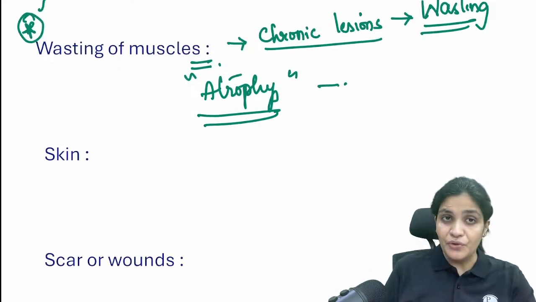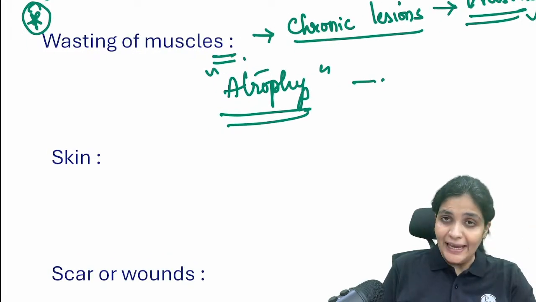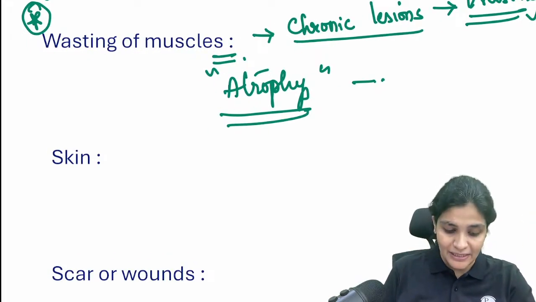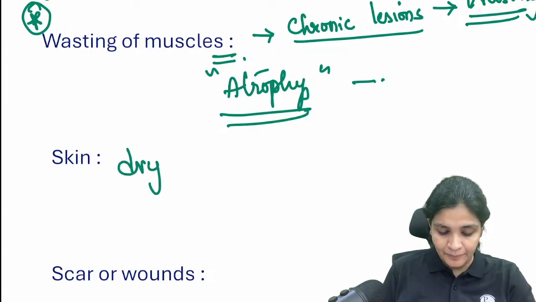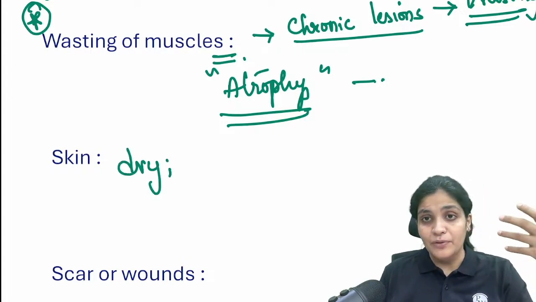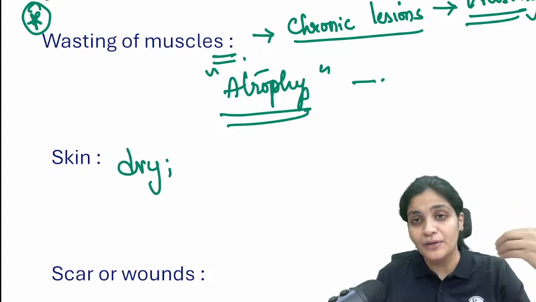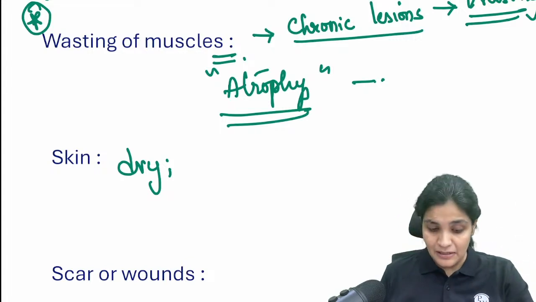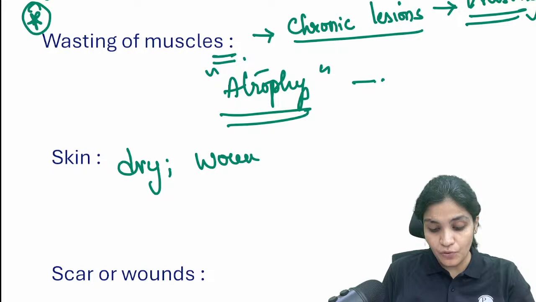Then you have to look for the skin, because the nerve is related to various sensations. So you will see whether the skin is dry, because in the absence of nerve connections it becomes dry, right? Sometimes the skin becomes very dry, and you have to look for wounds.